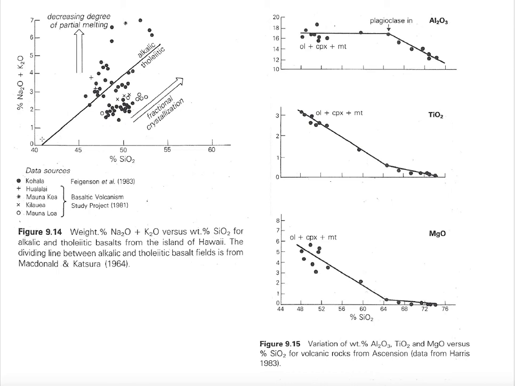So here we have now the Hawaiian Islands: Mauna Loa, Kilauea, Mauna Kea, Hualalai, and Kohala.